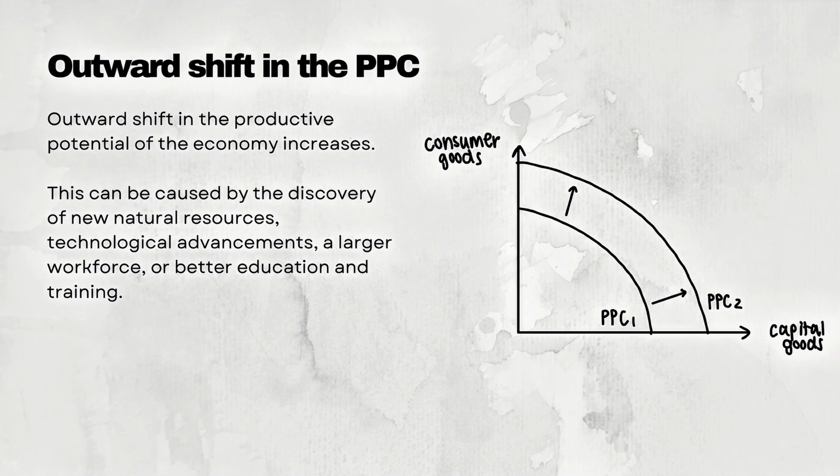And he was able to achieve this with more muscle, which is a body's resource that it uses when sprinting. So going back to an economy, this would be the country being able to find new natural resources, technological advancements, a larger workforce, or just better education and training overall. At the end of the day, the country has got more resources to use, which allows them to make more consumer goods and capital goods.